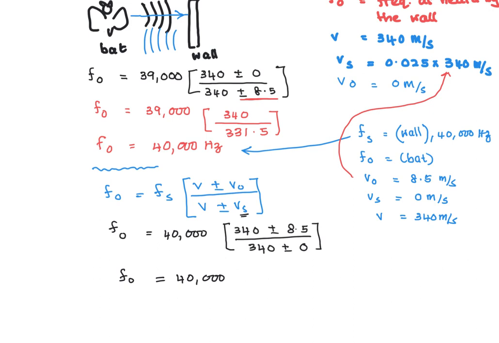Now we have the bat who is the observer, and he is in the numerator. The observer is moving toward the source because the bat is coming toward the wall, and as a result he should be hearing a higher frequency, and that is created by the positive sign in the numerator. So I am using 340 plus 8.5. This part actually is not physics, guys.